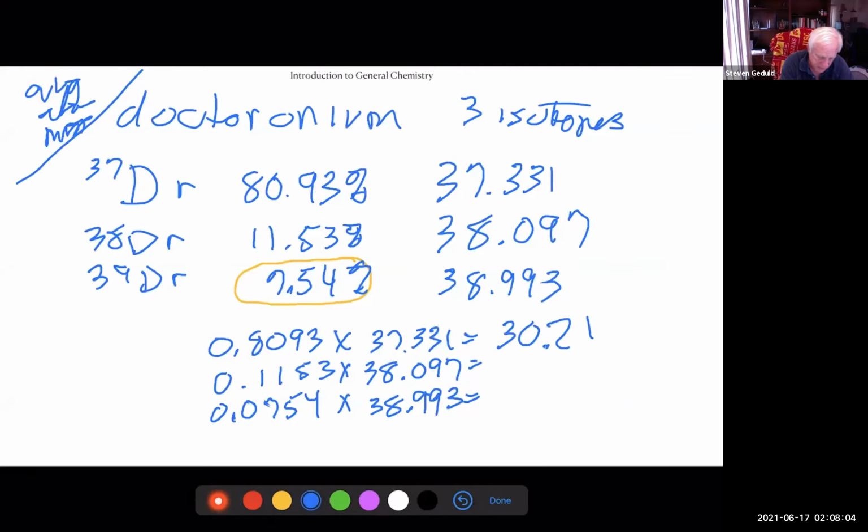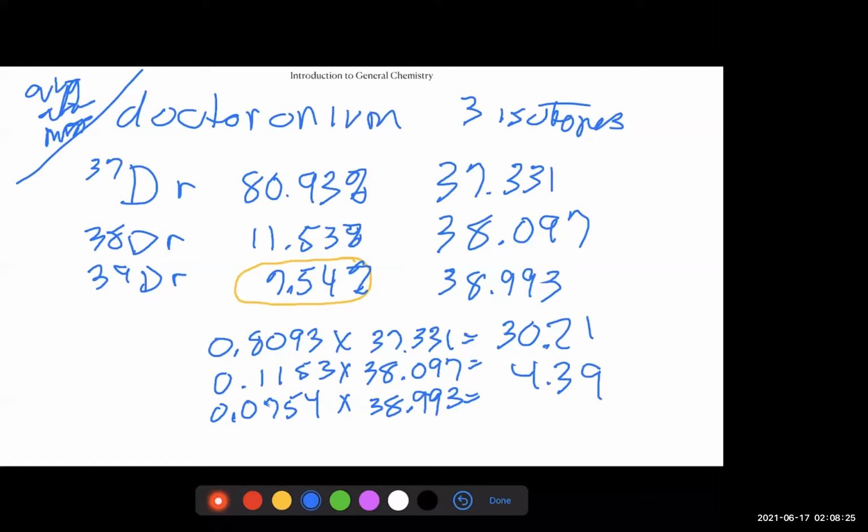It's 4 digits, okay? And we take our next one. 0.1153 times 38.097 equals 4.39.